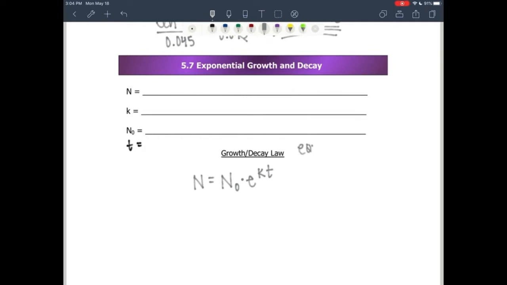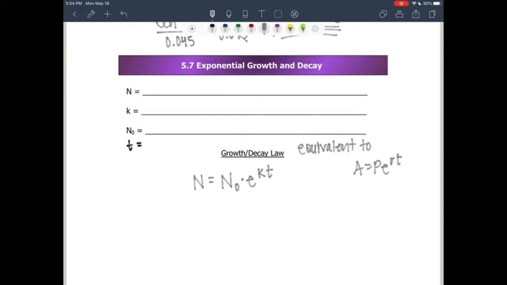This is very similar to A equals P times e raised to the rt power. So if you've gotten enough practice with your compounded continuously formula, PERT, this formula is very much the same. We just use different letters for the parameters.